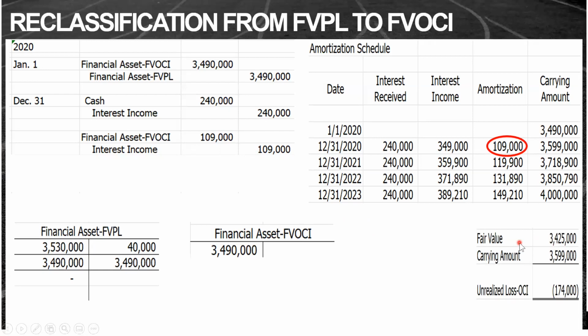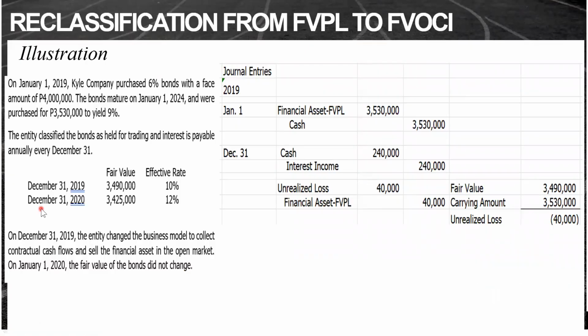So according to the problem, yung fair value daw, pagdating ng December 31, 2020 is 3,425,000. So let's try to check the problem. Based on the problem, yung ating fair value sa December 31, 2020 is 3,425,000.